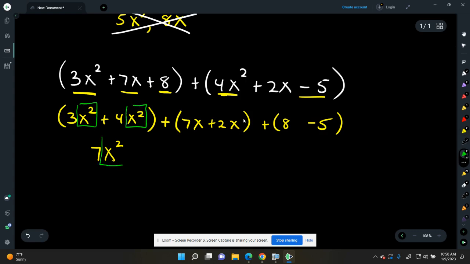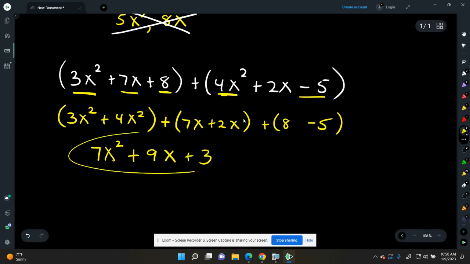That gives me 7 of the green box. It doesn't change what's inside the box. So if I have 3x squares plus 4x squares, how many x squares do I have? 7. Oh, so you only add them when you multiply. Yes, that is exactly correct. All right, how about the 7x plus 2x? 9x. And then 8 minus 5 is 3.